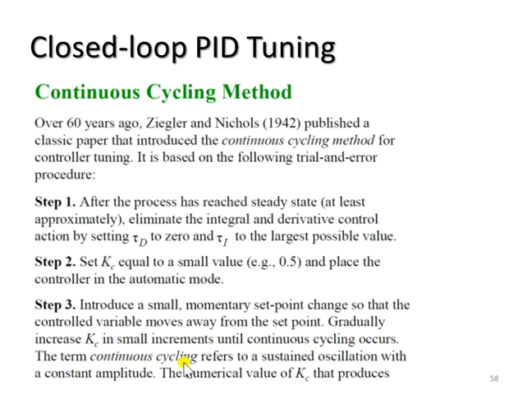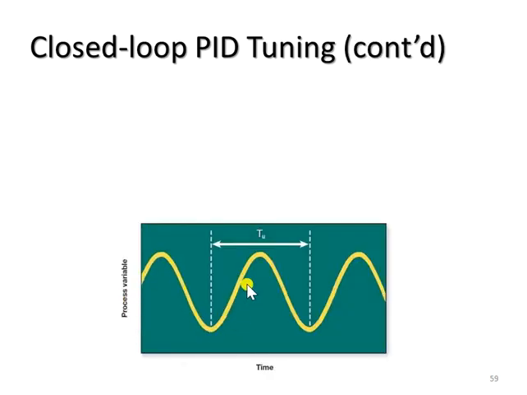The term continuous cycling refers to a sustained oscillation with a constant amplitude. This response is showing a sustained oscillation example. This response is the process variable, oscillating, and we can see the magnitude, which means the peak to peak value is the same, or valley to valley is the same.